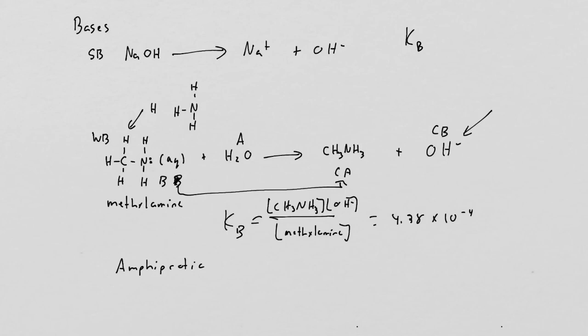But in terms of how we look at the K function here, the equilibrium expression, we're looking at it the same way. You've got these acids and bases and their conjugates on the other side, and what you're seeing is this is the survivor, right? Because we have a big denominator and a very small numerator, which means the methylamine is the weak acid. I mean the weak base, sorry.